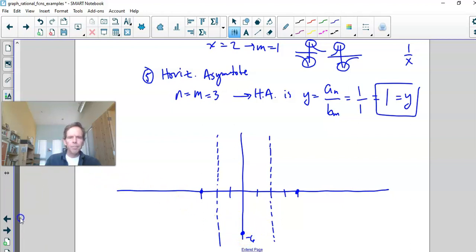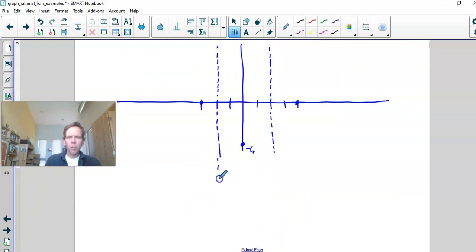And that means that the graph must go somehow like this. Okay? There's no other way it could go. It's got to get closer to the asymptotes as you get closer to the x value of those asymptotes. And it's got to go through the y-intercept. So this is it.